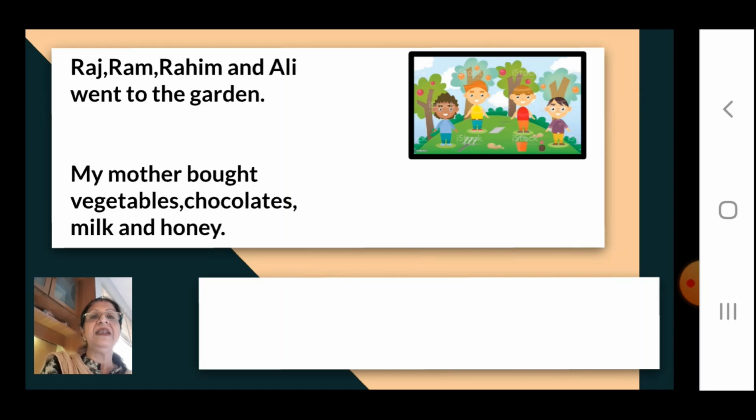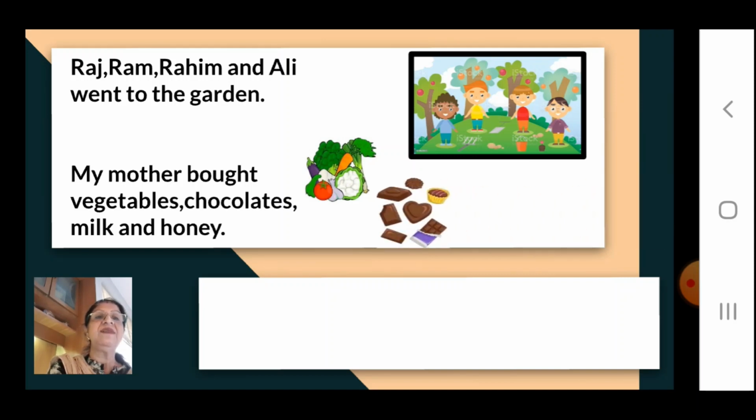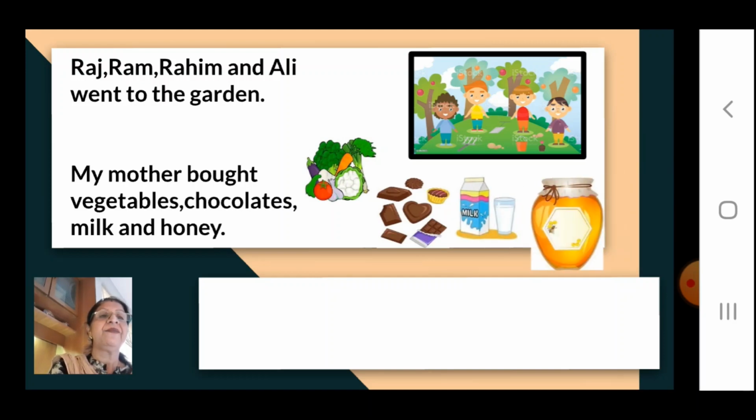Now the second sentence is: my mother bought vegetables, chocolates, milk and honey. Again I repeat, my mother bought vegetables, comma, chocolates, comma, milk and honey.